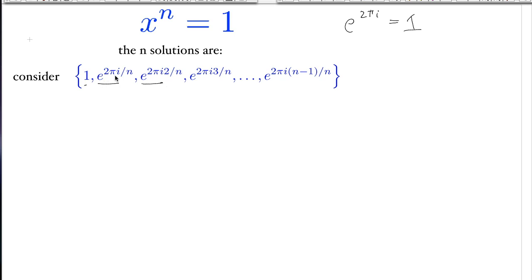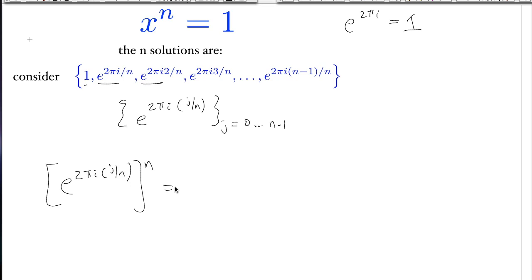In particular, take a look at this list of numbers. You can write this as e to the 2 pi i times j over n, for j going from 0 up to n minus 1. Now, why are these roots of unity? Let's take e to the 2 pi i j over n and raise that to the nth power. What do we get?